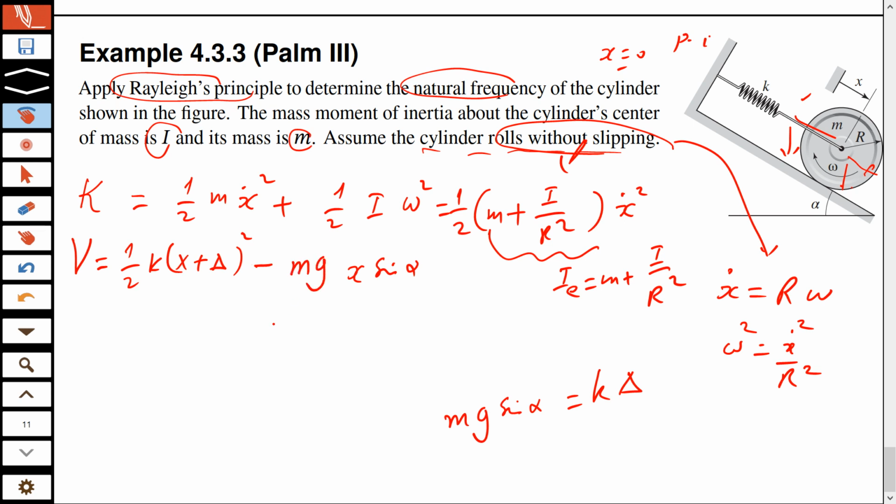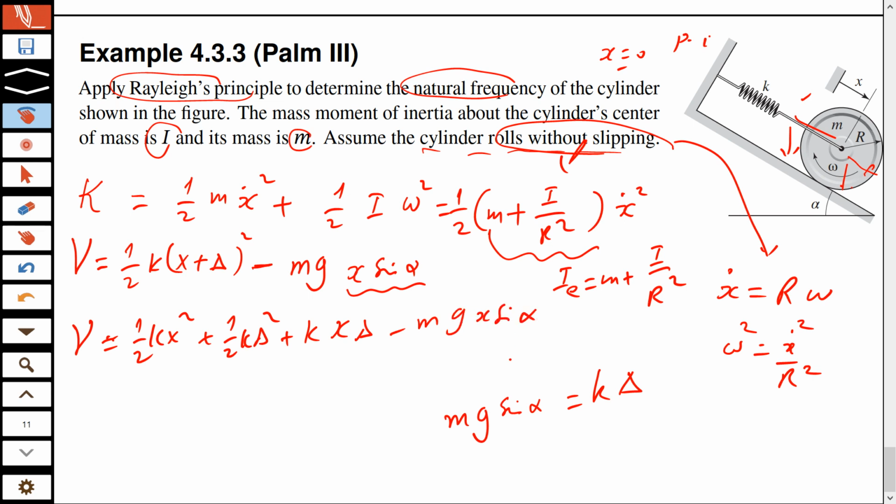It is mg times that vertical distance, with a minus sign because we are going down from the reference. If we now expand this, it's half kx squared plus half k delta squared plus twice half, cancel, kx delta minus mg x sin of alpha.